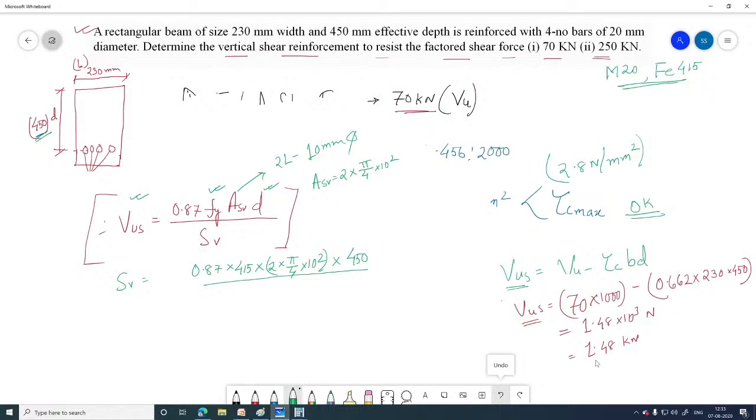The VUS that we have determined, that is 1.48 into 10 to the power 3, because all the other values are in Newton per millimeter square. So I have converted this value from kilonewton to Newton. Okay, so when you determine the value of SV, let's see what is the value.